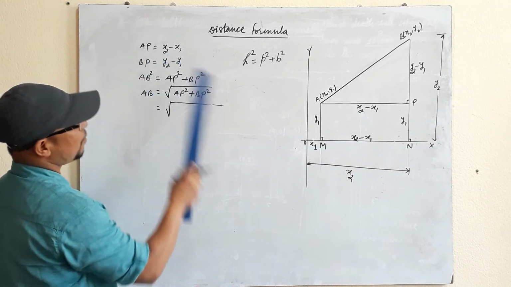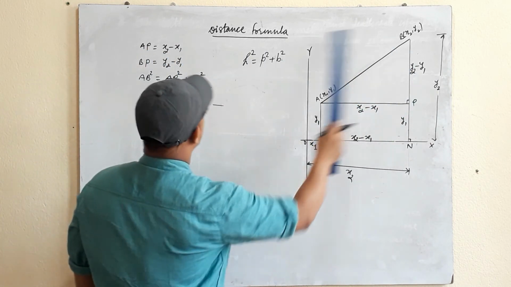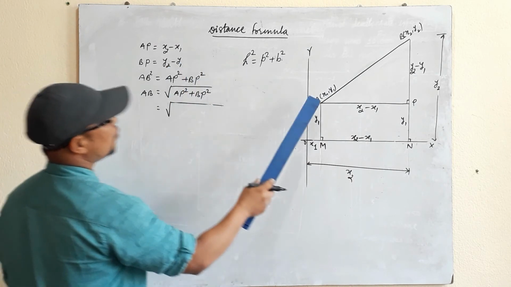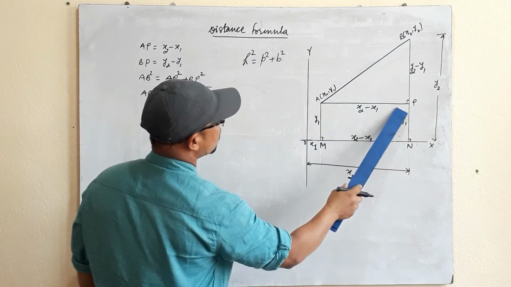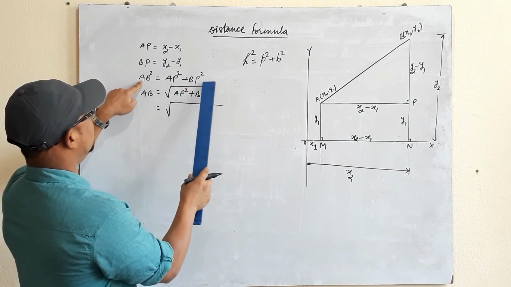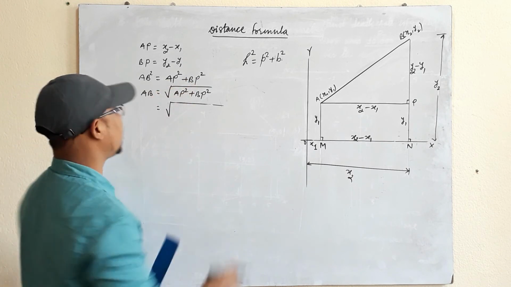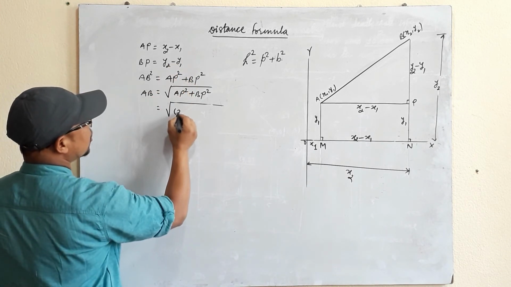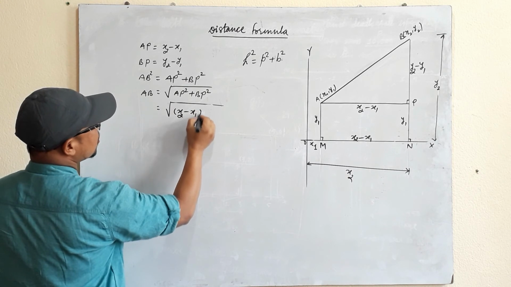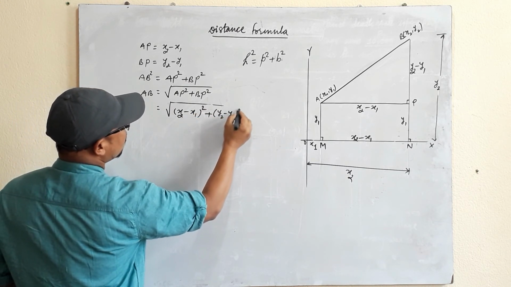AP value is x2 minus x1, and BP value is y2 minus y1, and we know AB squared equals AP squared plus BP squared. So AB is the root of AP squared plus BP squared, which is x2 minus x1 whole squared plus y2 minus y1 whole squared.